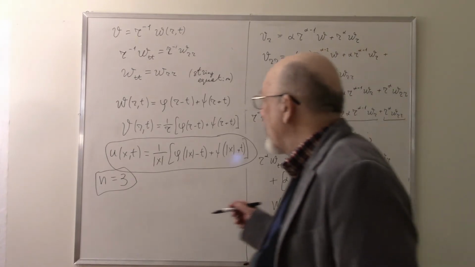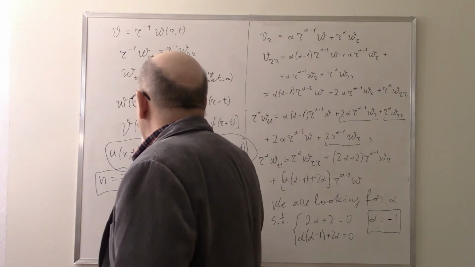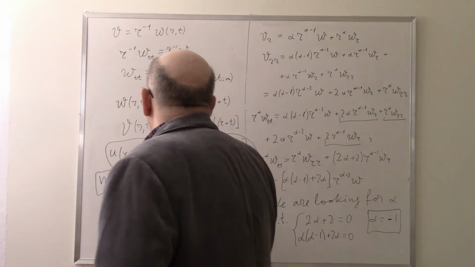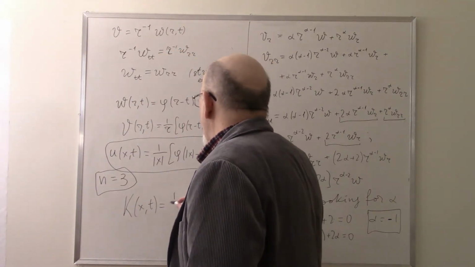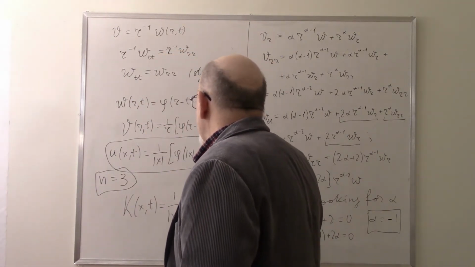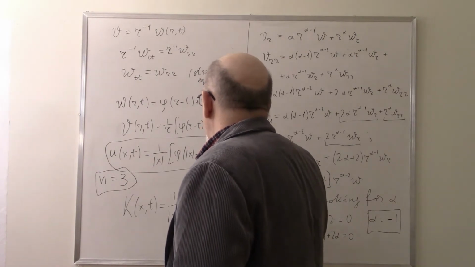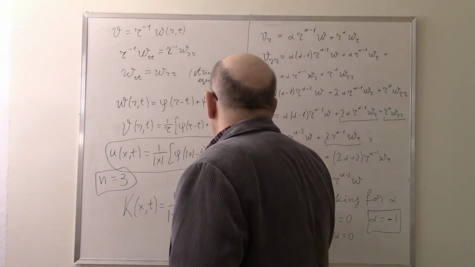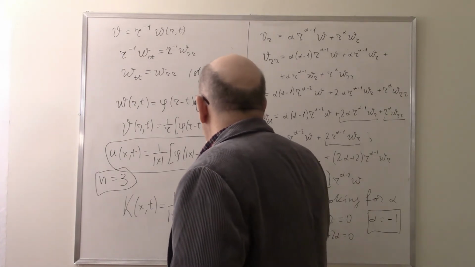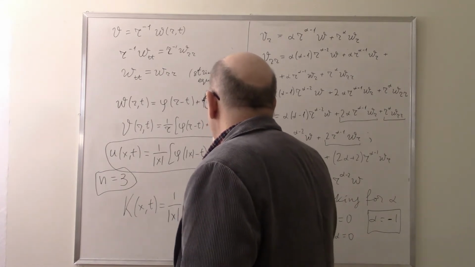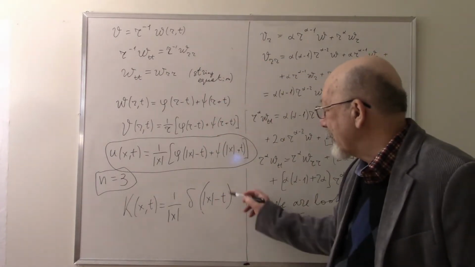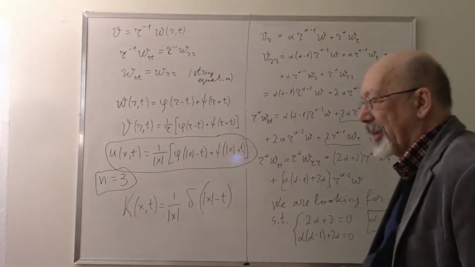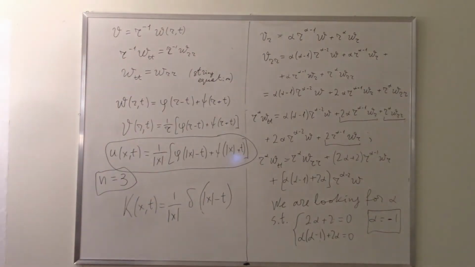So I consider the function, say k of xt equals 1 over module x delta of module x minus t. So, what is it in simple words?